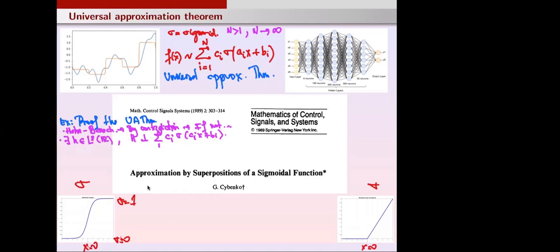So as a corollary of this, we will have that the integral along the line of h of x sigma of ax plus b dx will be equal to 0 for all a and b.